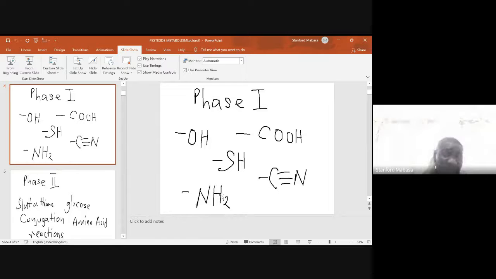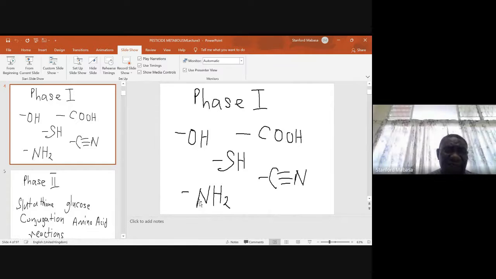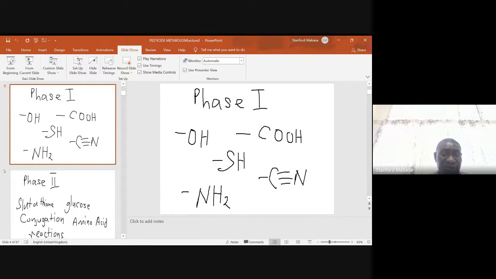Just to give you a few examples: the hydroxyl OH, the SH, the carboxyl COOH, the cyano group, CN, then the amine group. So we can have our pesticides forming these radicals.